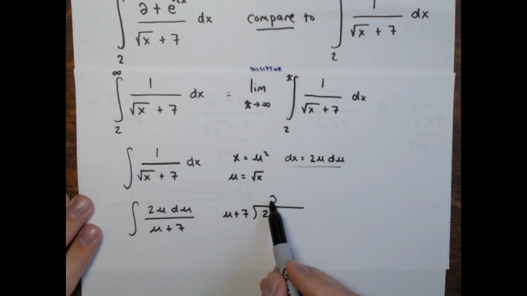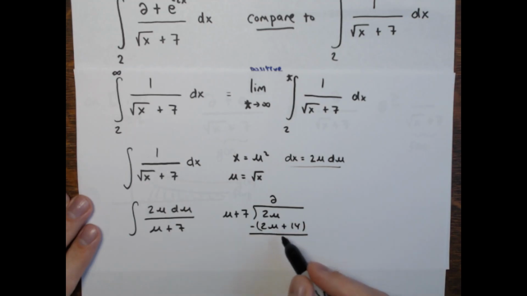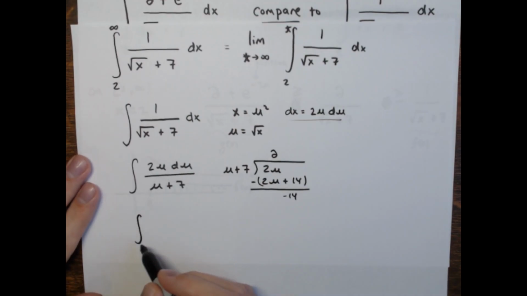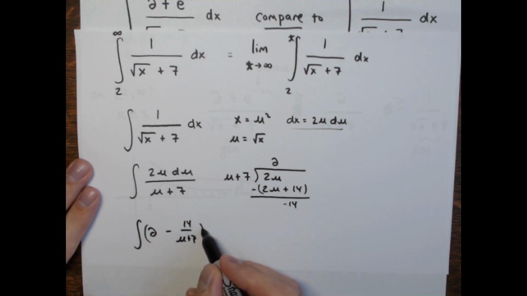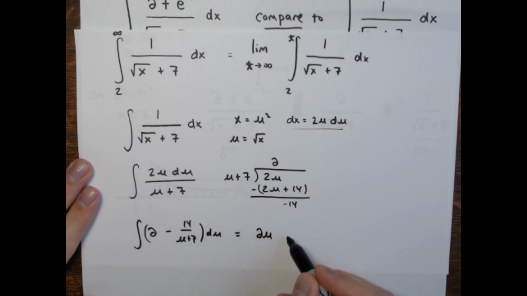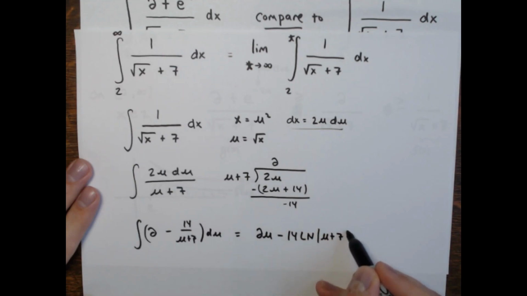Dividing, 2u divided by u is 2, and then this gives me 2u plus 14. Subtracting all that gives me negative 14 for the remainder. So this is the integral of 2 minus 14 over u plus 7 du. So this is 2u minus 14 times the natural log of the absolute value of u plus 7.